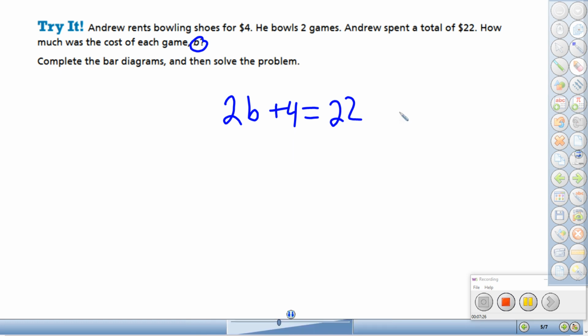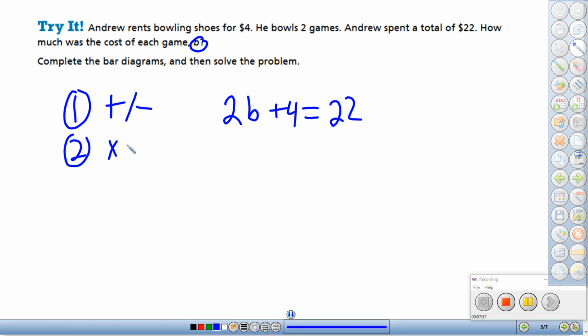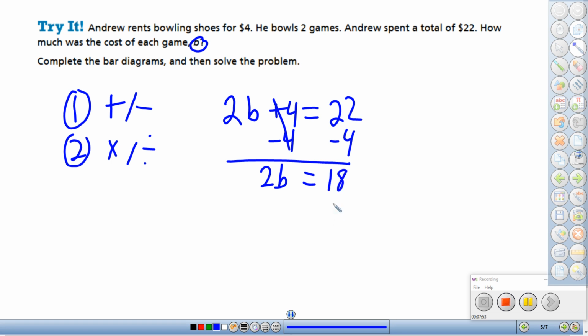So now we have our equation, now we just have to solve it. Don't forget our 2 steps. First step is add or subtract. Second step, multiply or divide. So, since we have a plus 4, we're going to minus 4 from both sides. 4 minus 4 is 0. We're left with the 2b on the left side. 22 minus 4 is 18 on the right side.